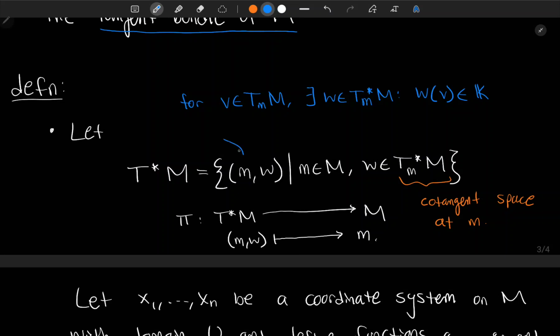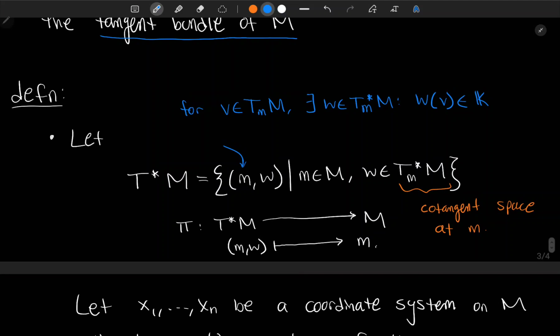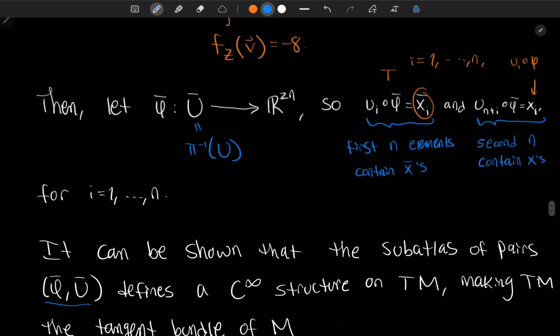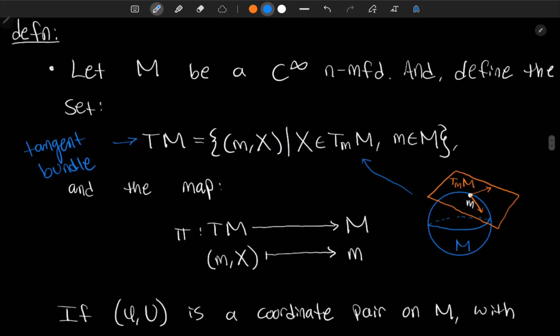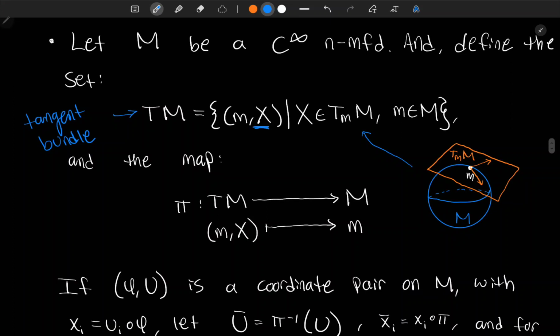The first is m. m is a point on the n-dimensional manifold, so you need n numbers to describe m. And then we have w. For the case of TM, we had this big X here.